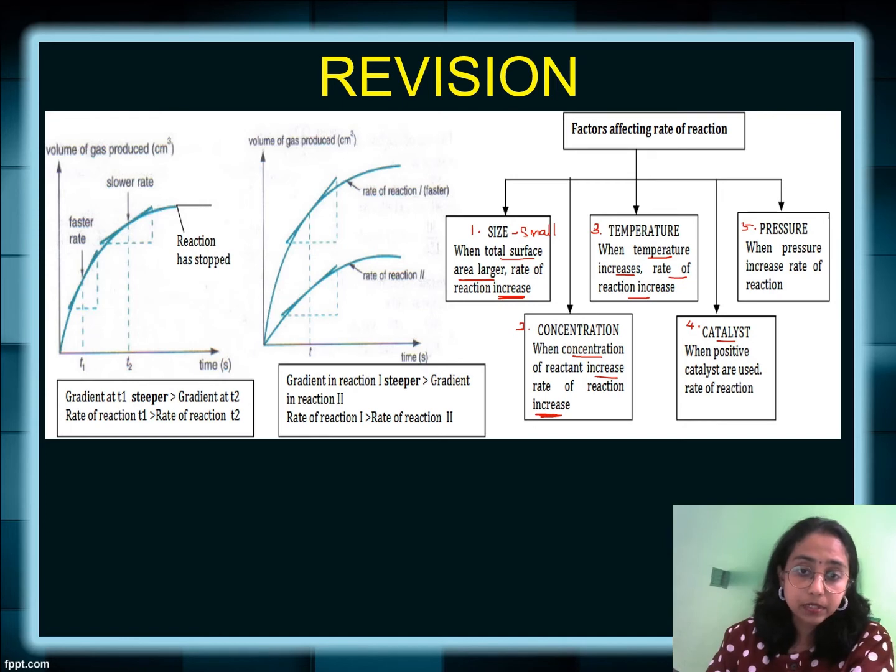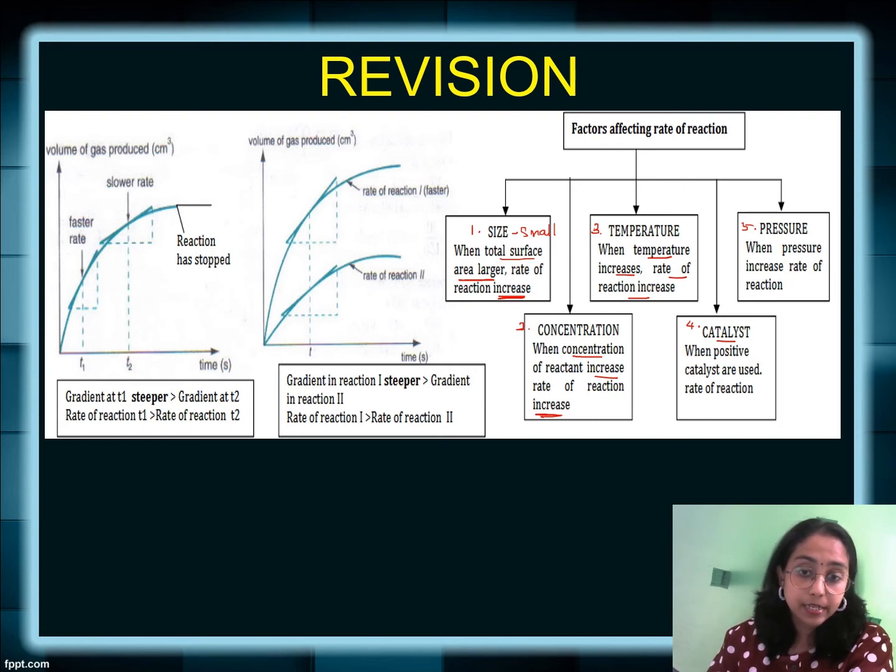They have plotted a tangent. They have drawn the tangent at T1 and T2. What you have to know is that the steepness of the curve represents the rate of reaction. Based on the steepness of the tangent, we can determine whether the gradient is greater or lower.